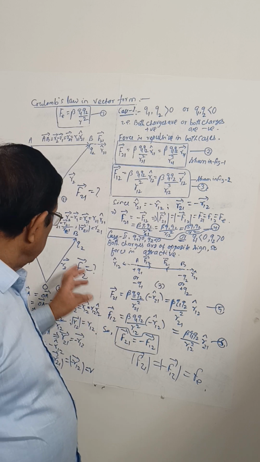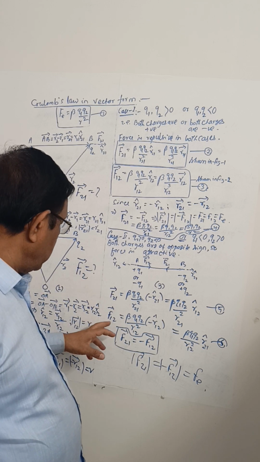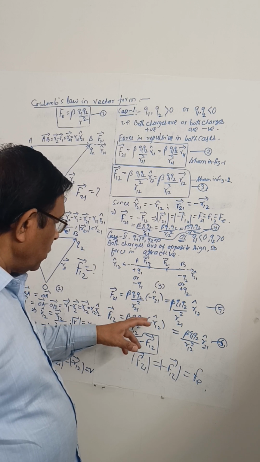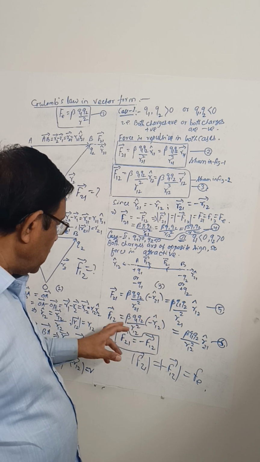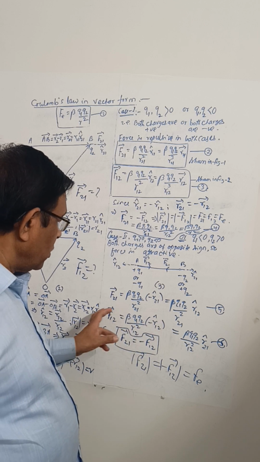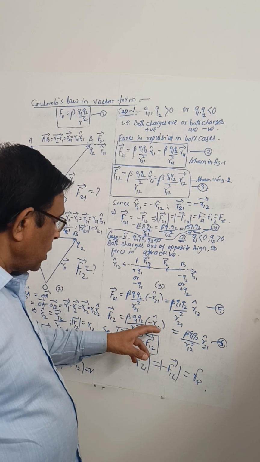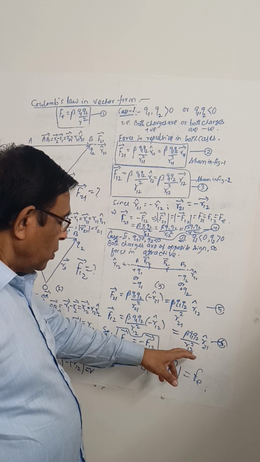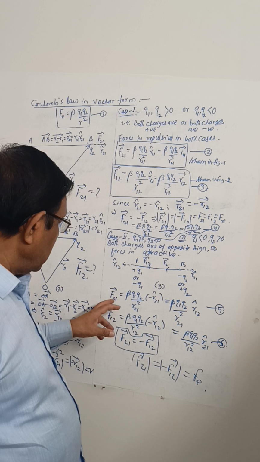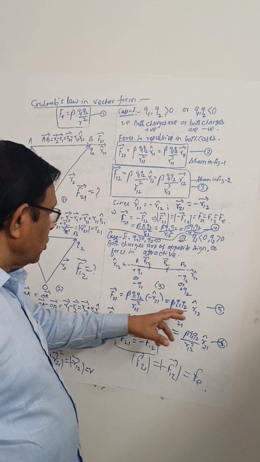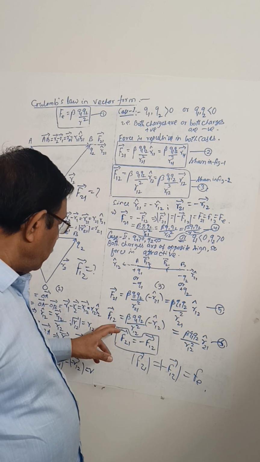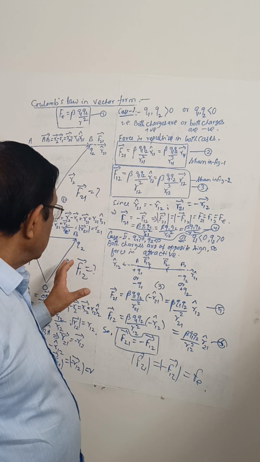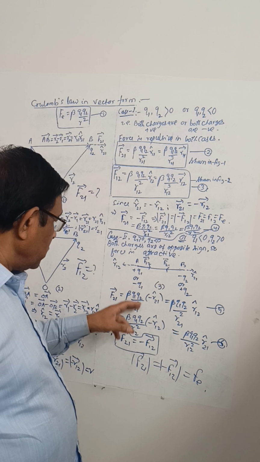And similarly, the force on q1 due to q2 is given by f12 vector is equal to beta times q1 q2 by r12 square into minus r12 cap, because f12 vector and r12 vector are in opposite directions, and since minus r12 cap is equal to r21 cap, it is beta times q1 q2 by r12 square into r21 cap. That is, f21 vector is in the direction of r12 cap and f12 vector is in the direction of r21 cap.